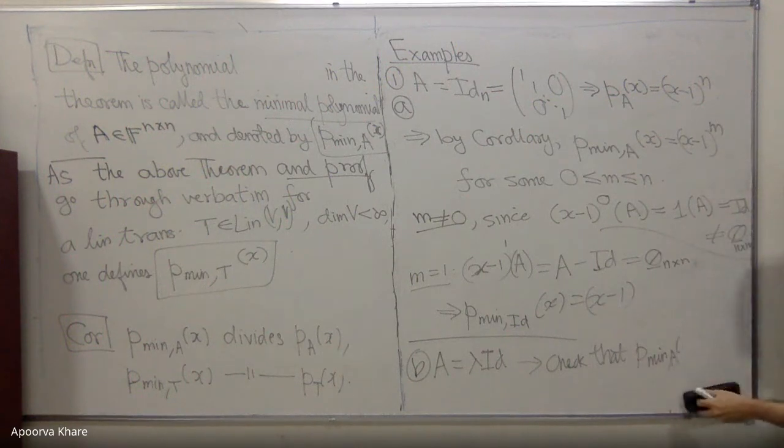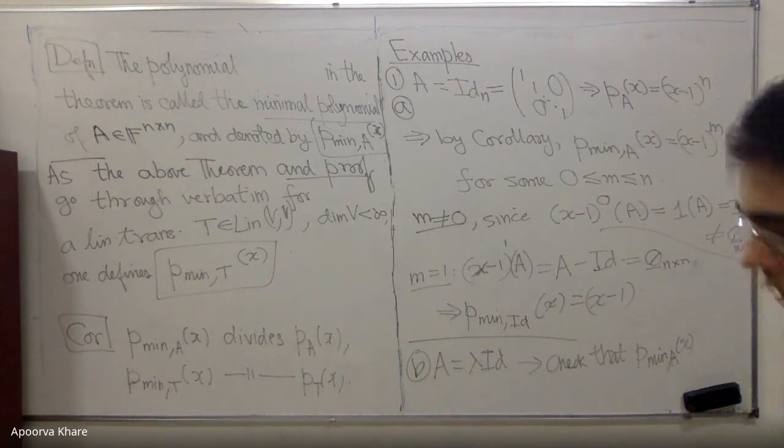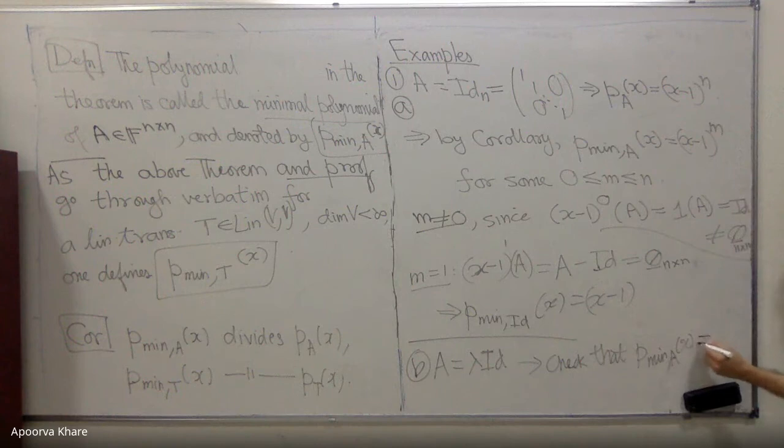If you have guesses, you can pause the video here and take a guess. And for those of you who just want to enjoy the show, this is exactly x minus lambda. Not very surprising. Okay, that's the first example.